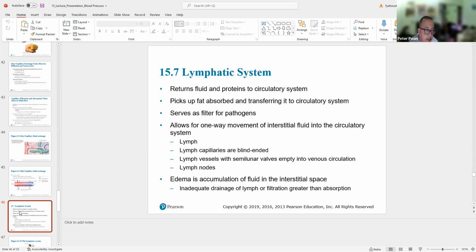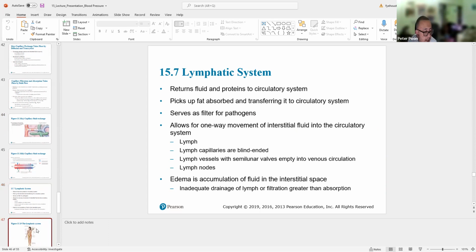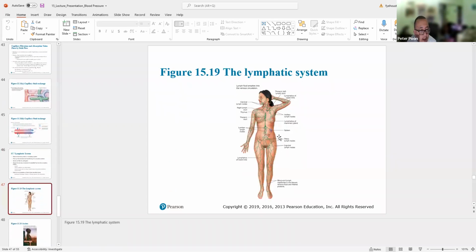In other chapters, we'll explain why it's a great place for pathogens to hide out, and a great place for white blood cells to hunt down pathogens and kill them. But for right now, the lymphatic system is just a way to drain the interstitial fluid back into the bloodstream.